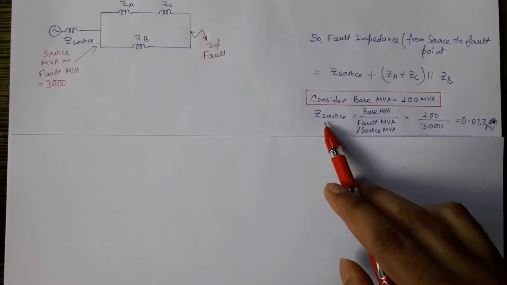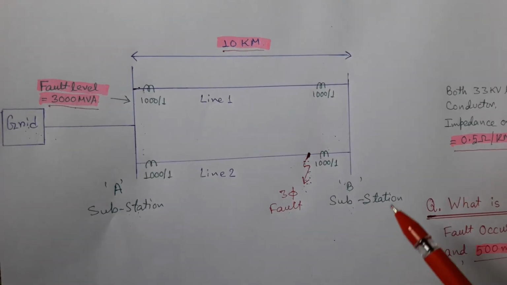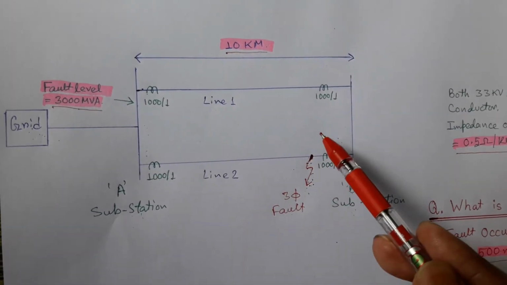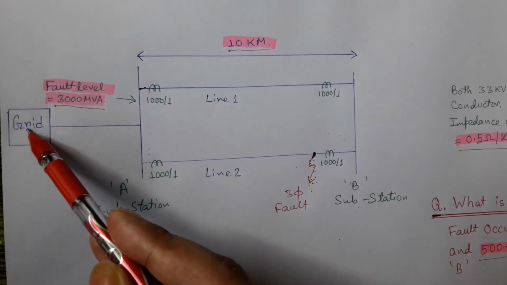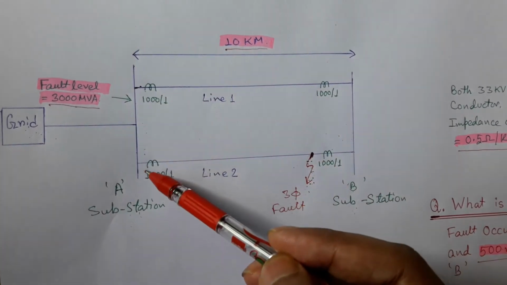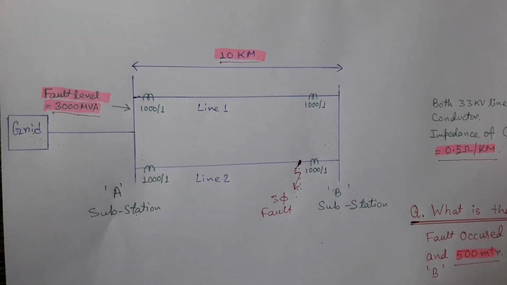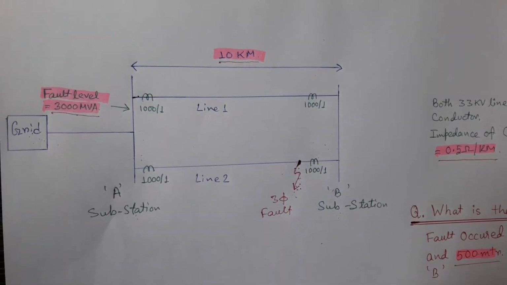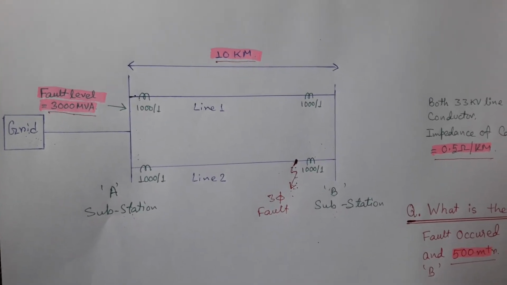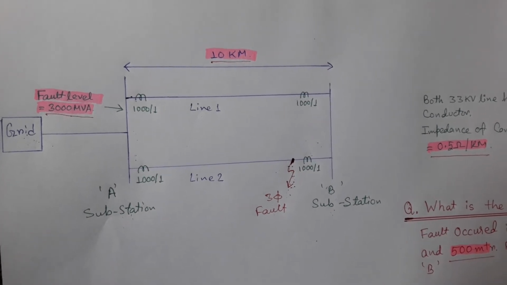Now we will find source impedance, but what is this source impedance? In the case we are discussing, this simple 33 kV network is connected with a source or grid, and this connectivity is achieved at the bus bar of substation A. The grid means a combination of many generators and transmission lines which have some impedance, and that impedance is called source impedance.